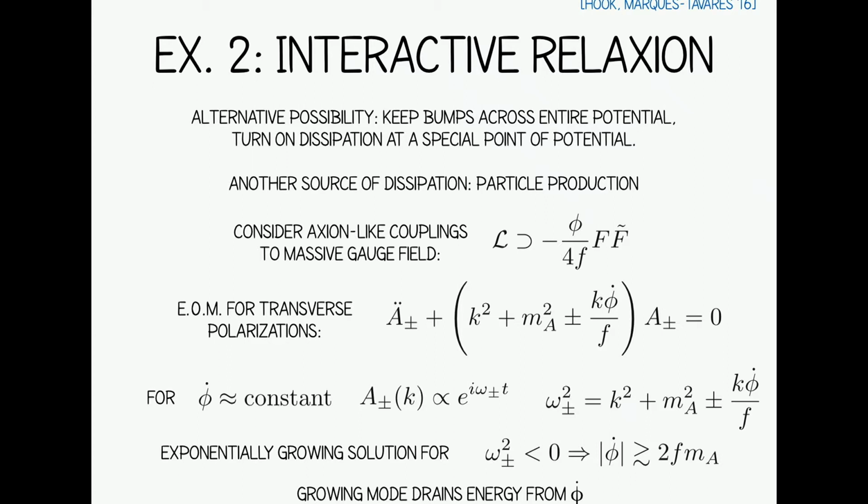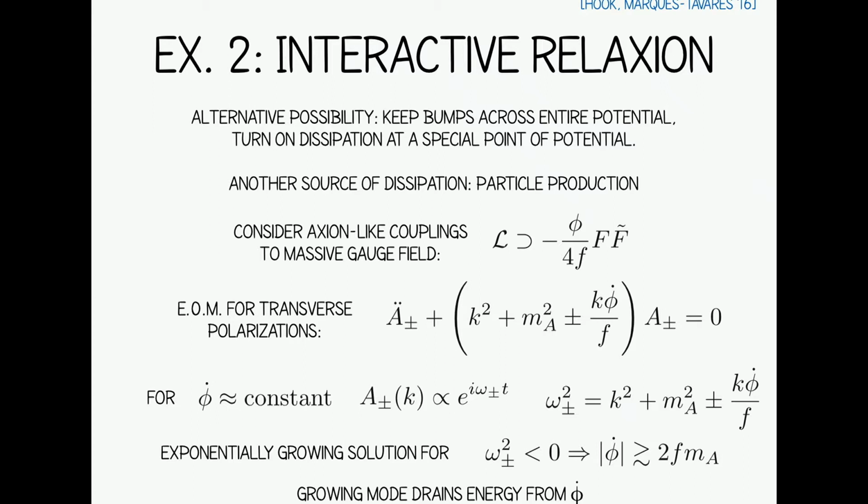So if phi dot exceeds that product, then it's possible to have an exponentially growing solution for this field. And you can ask, where does the energy come from to make an exponentially growing solution for the gauge fields? Well, at the end of the day, if you actually solve the full coupled set of equations of motion, the energy would be coming out of the kinetic energy of the field phi itself. It would be coming out of phi dot. So this is a slightly roundabout way of arguing for it, but hopefully you can at least see qualitatively.